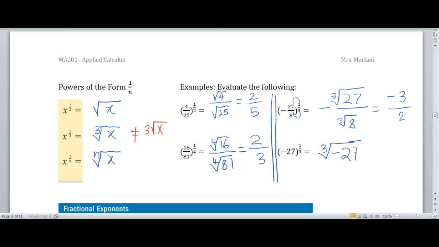The reason for that is because that negative is connected to that 27. So remember our order of operations, parentheses, then exponents. So you want to keep those parentheses together, okay? And then we know that negative 3 times negative 3 times another negative 3. 3 times 3 is 9, times 3 is 27, but with negatives, negative 3 times negative 3 becomes a positive 9, times negative 3 becomes a negative 27. Okay? So this is equal to negative 3.